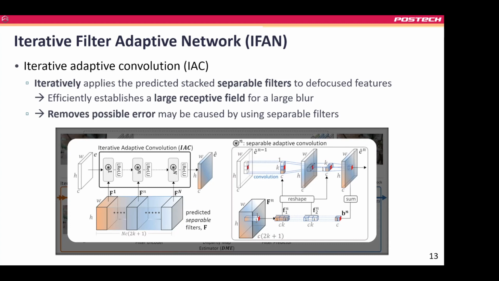Here, by having separable filters, we can reduce the memory requirement and still handle the larger receptive field. Also, when you use separable filters, we may have some error because separable filters could be less accurate than the ordinary filter. To resolve those possible errors, we apply this filter iteratively. Then we can handle the error caused by the separable filter.